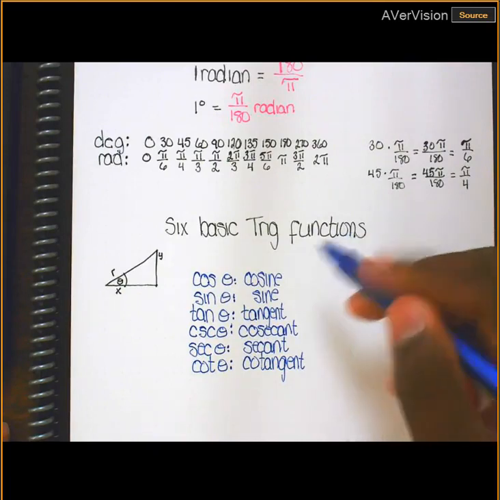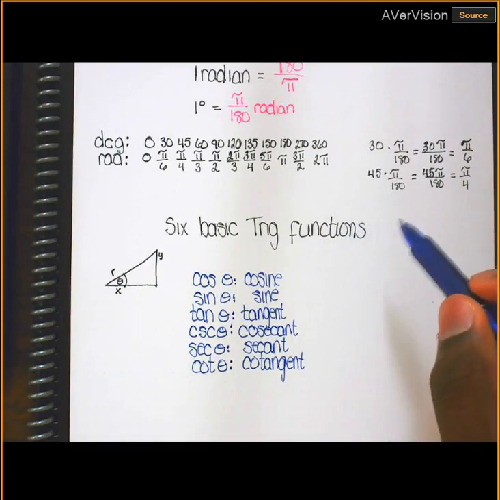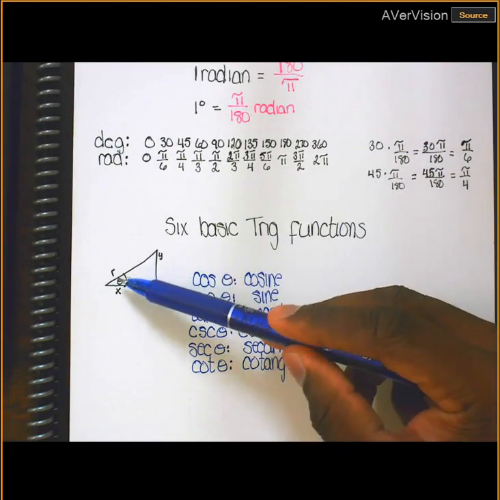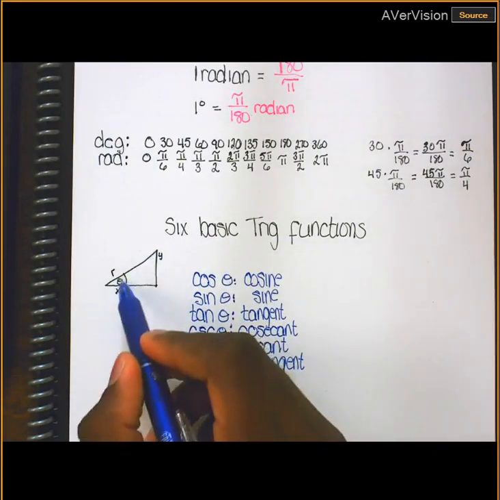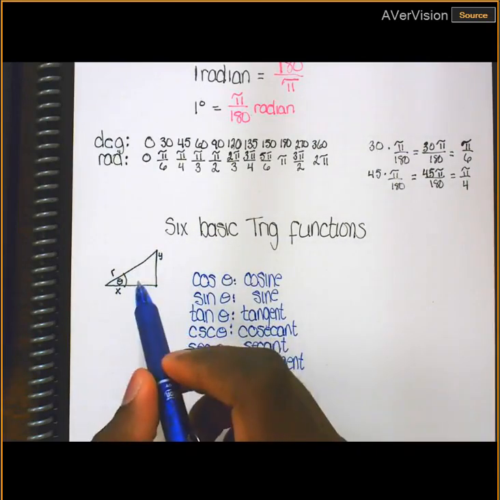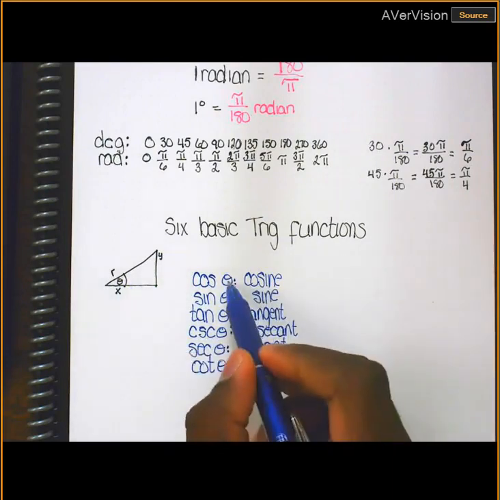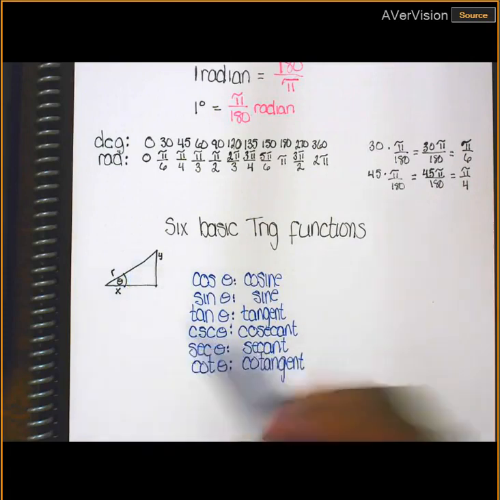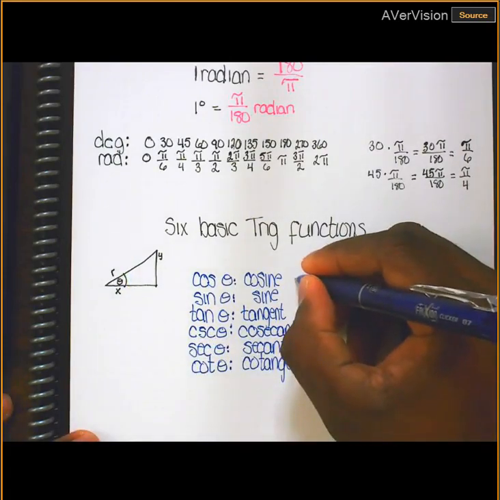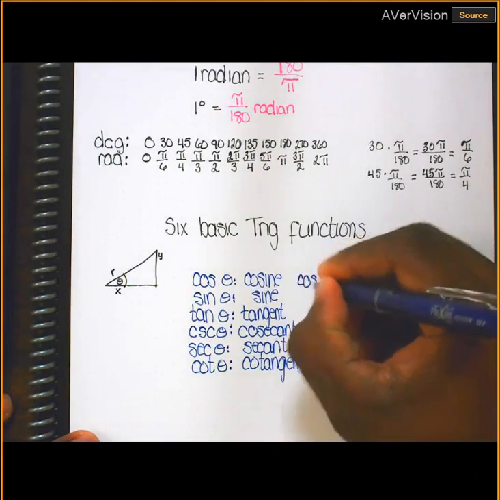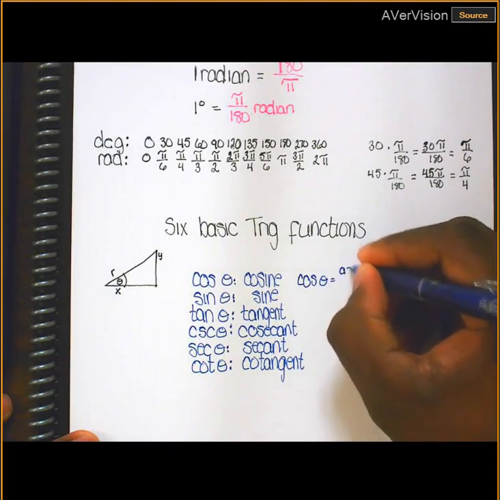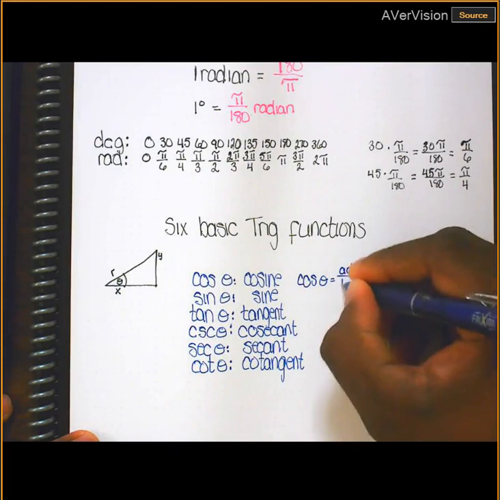When we're trying to figure out what the angle is for each one, we have to use a triangle. And we always use a right triangle. To find the angle using cosine, we always look at adjacent over hypotenuse. So for cosine, we have adjacent over hypotenuse.